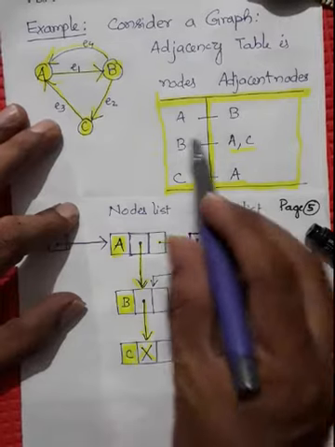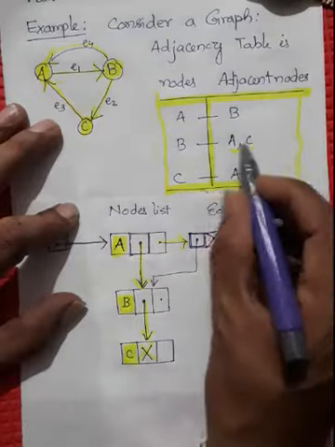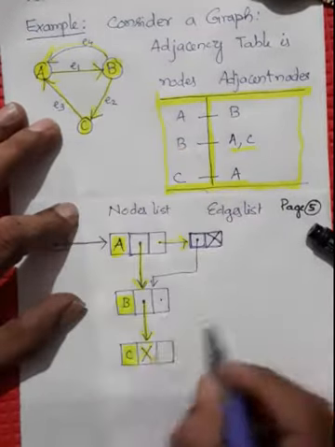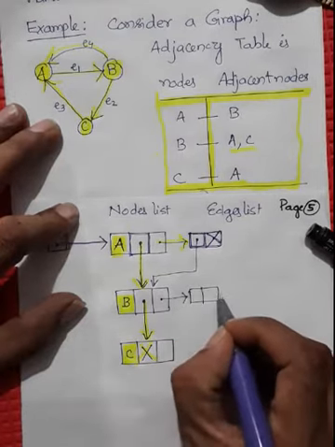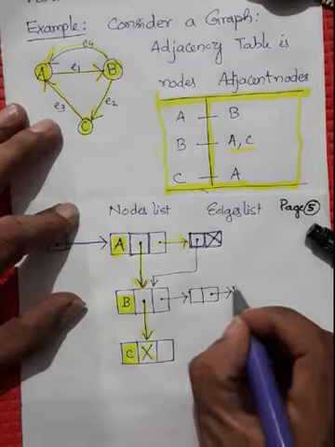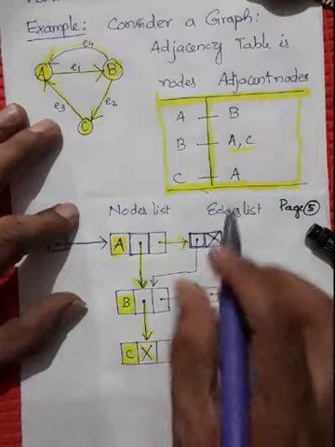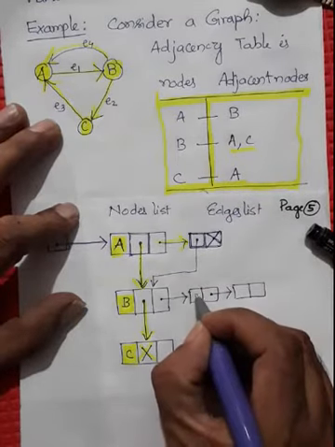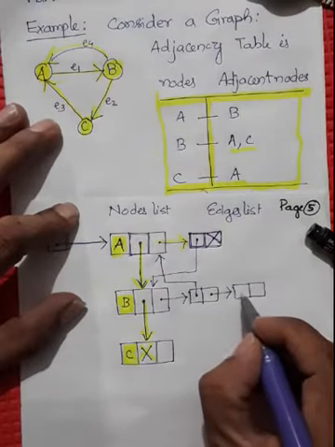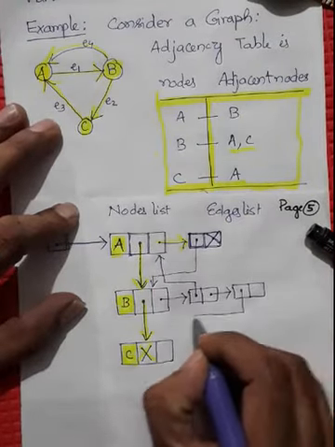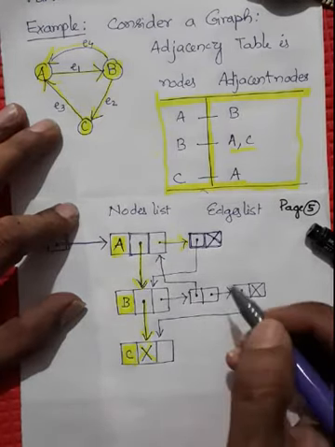Similarly, now B to A and B to C. There are 2 edges, B to A and B to C, so I have to create 2 edge list nodes. The first edge pointer is pointing from B to A. The second edge pointer is from B to C, and after that there is no connectivity, so it is null.